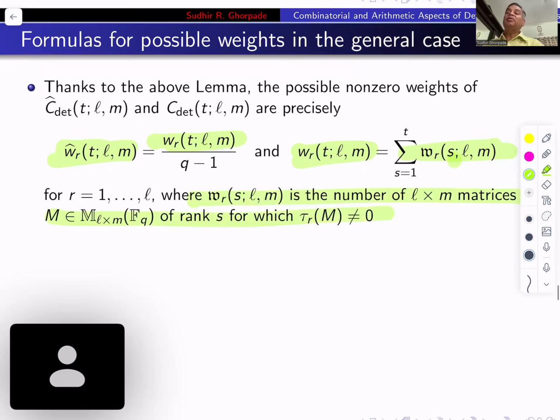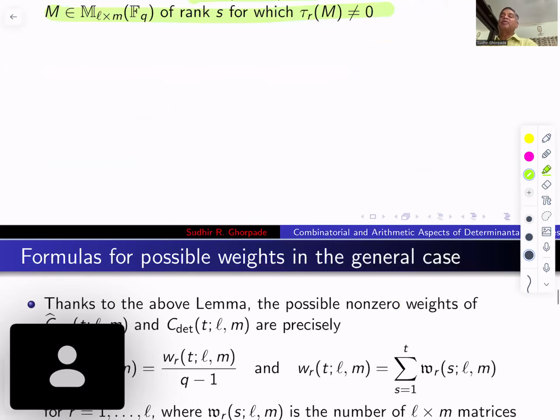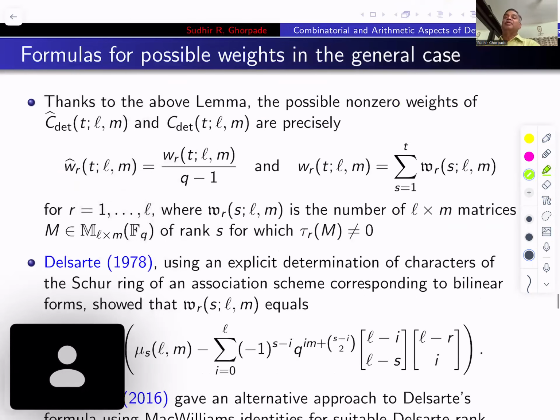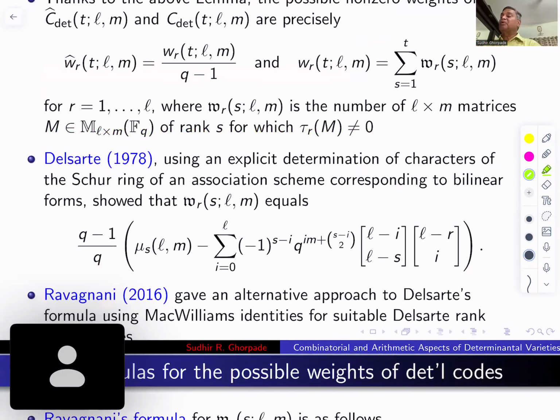And it turns out that in this context, these numbers were obtained by the French mathematician Delsarte in the 70s when he was working on what are called association schemes, which are interesting and important objects in combinatorics. Specifically, he made an explicit determination of characters of the Schur ring in the association scheme corresponding to bilinear forms, and he could show that this W S is given by this formula here.